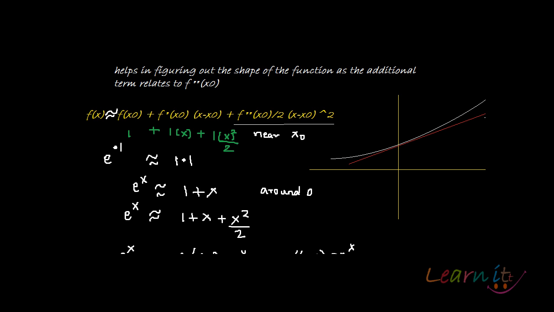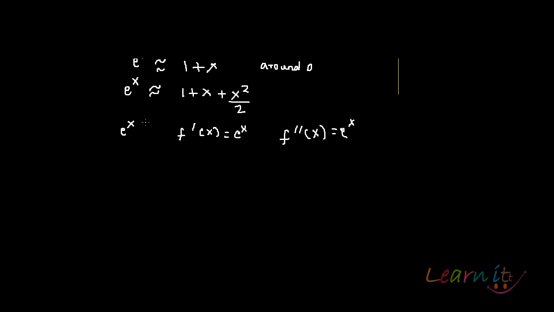So that is how I get 1 plus x plus x square by 2. So that means my quadratic approximation for 0.1 will be 1.1 plus (0.1) whole square by 2, which essentially will be equal to 1.105, just a little ahead of 1.1.